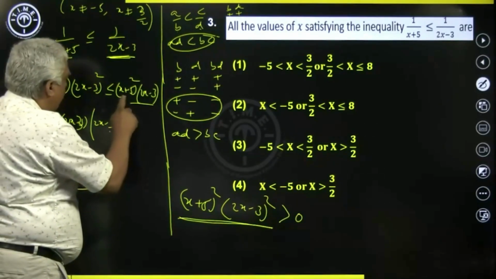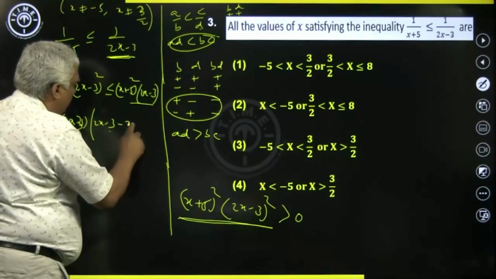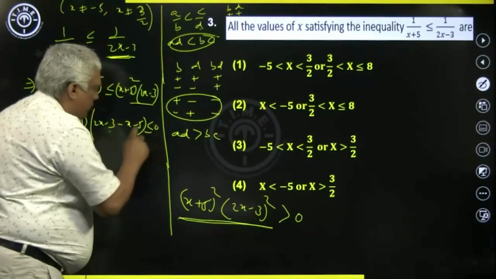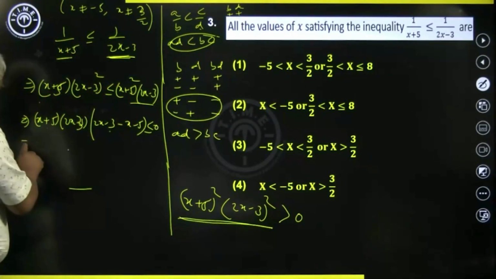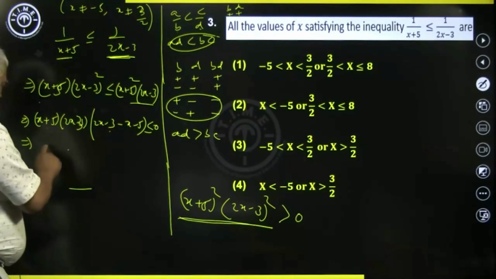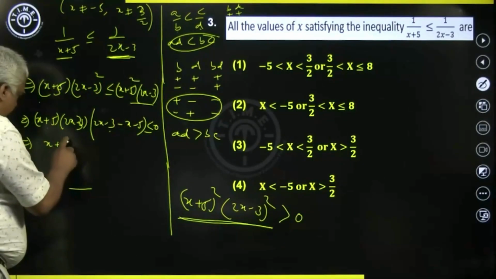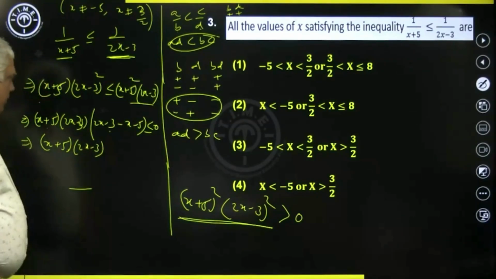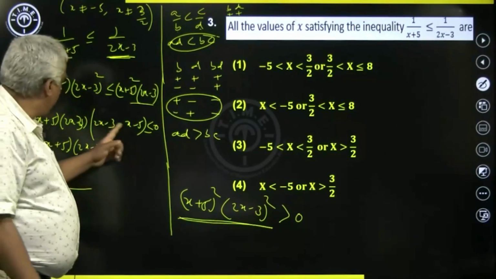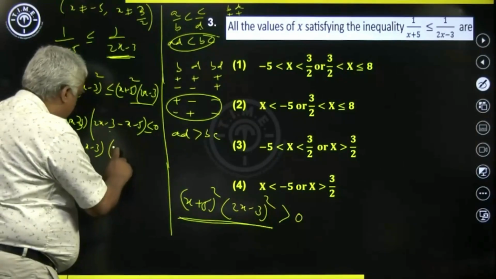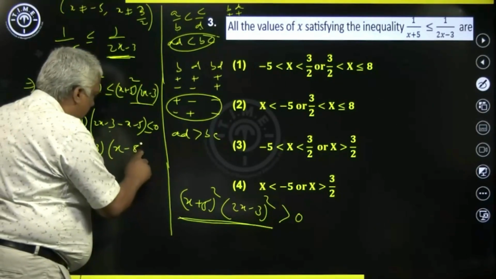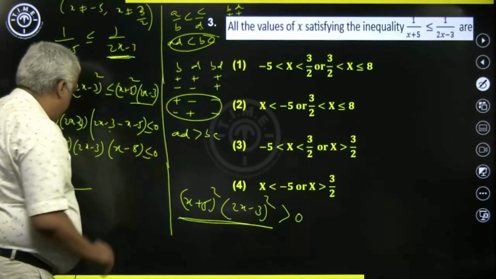So I will get minus x minus 5, and this is less than or equal to 0. So this is equal to x plus 5 into 2x minus 3, this will be 2x minus x is x, and minus 3 minus 5 is minus 8, less than or equal to 0.